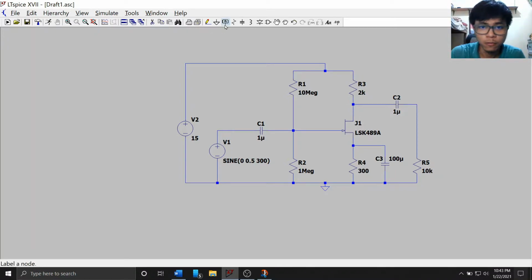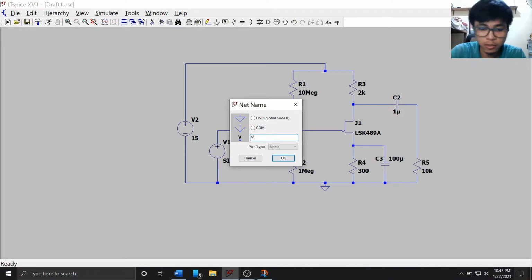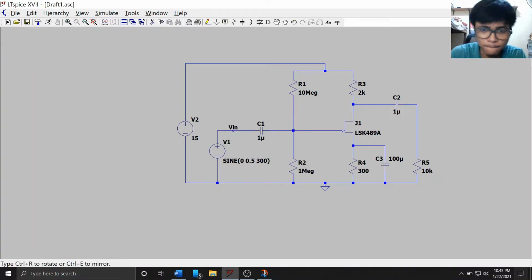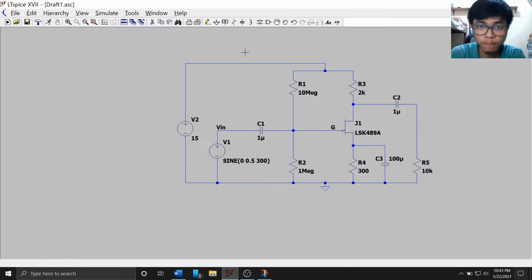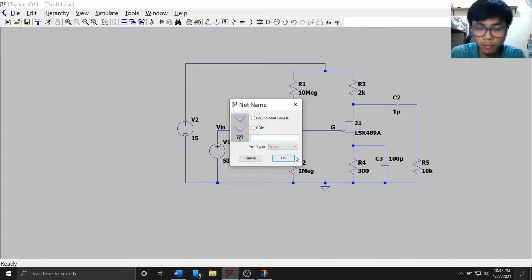Then start adding labels. Just insert them. Okay.